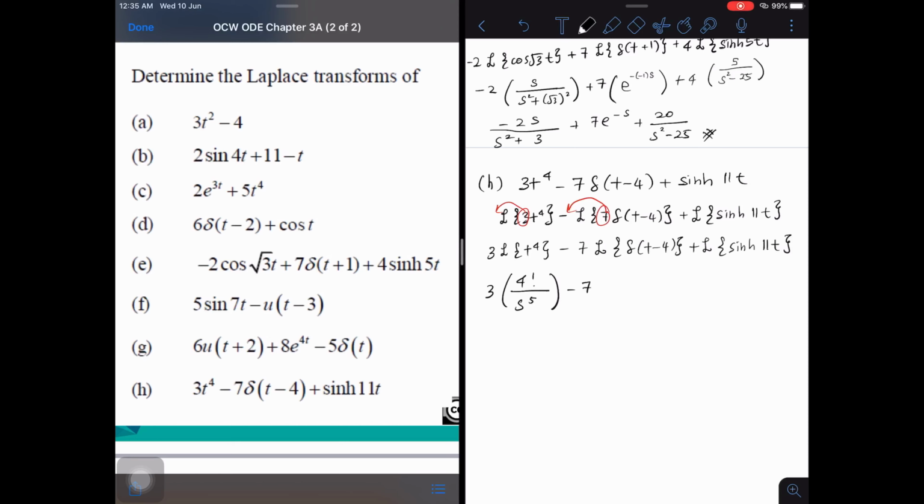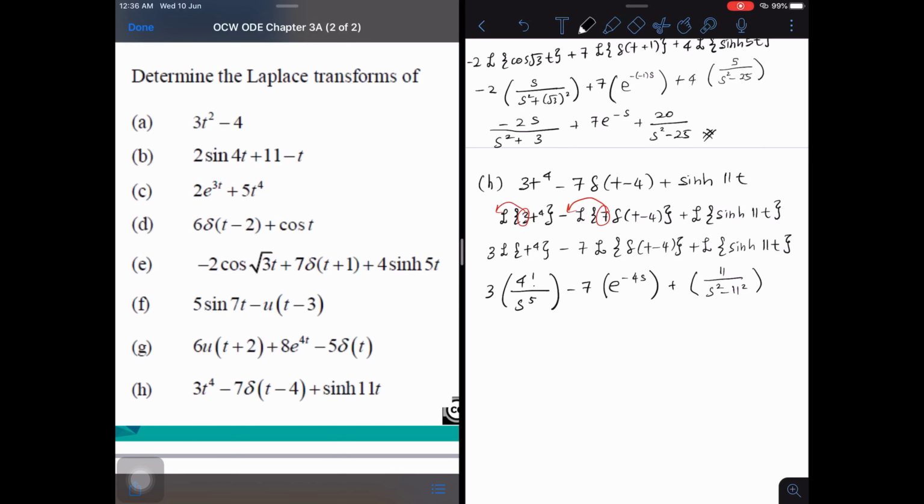Therefore, your d here is 4, so you will have exponent negative 4s. Plus the Laplace transformation for sine hyperbolic, where the formula is a over s squared minus a squared. So your a here is 11. Therefore, you will have 11 over s squared minus 11 squared.